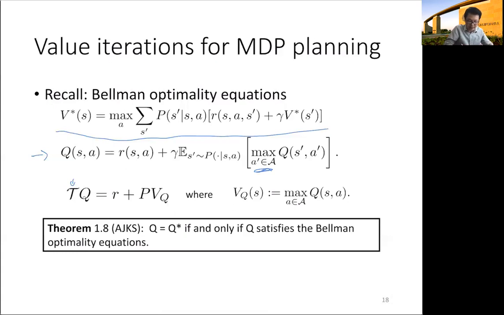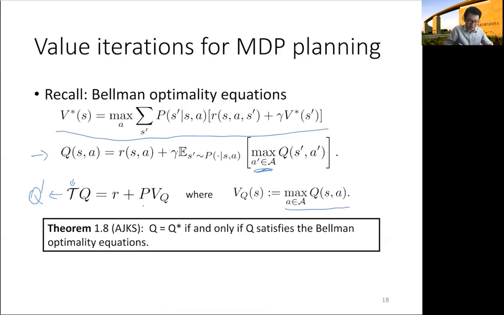By defining this V_Q with a subscript Q that encodes this nonlinearity, and everything else becomes a linear transformation based on the transition kernel transpose plus the reward vector. The key idea is that you take this Q as an input, and it gives you a Q prime, a different Q function.